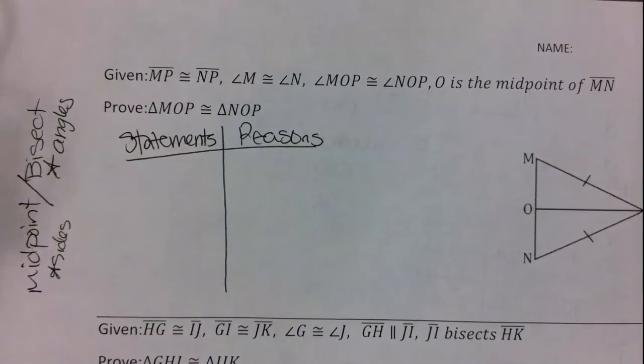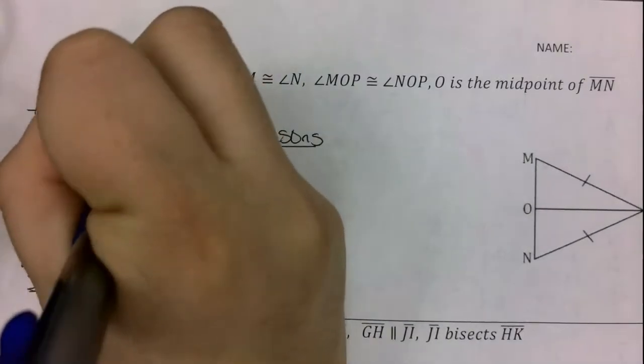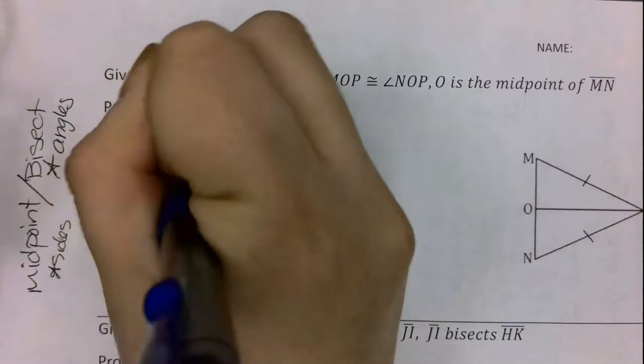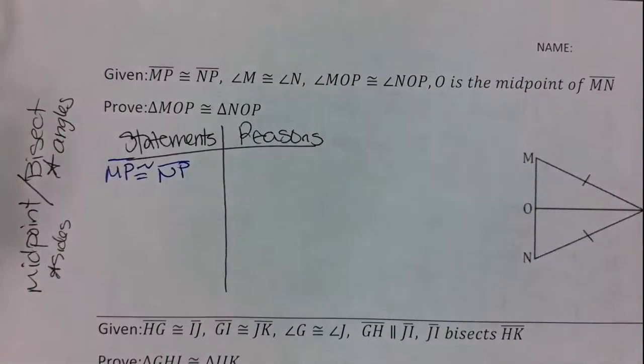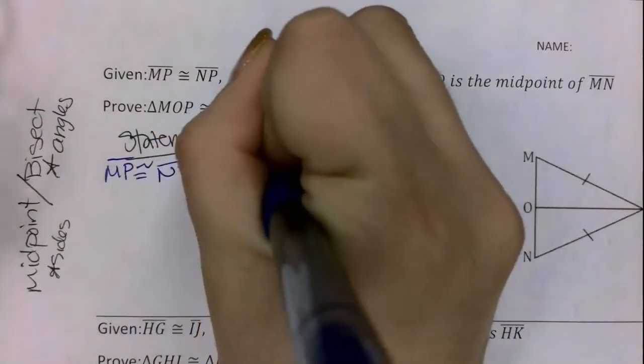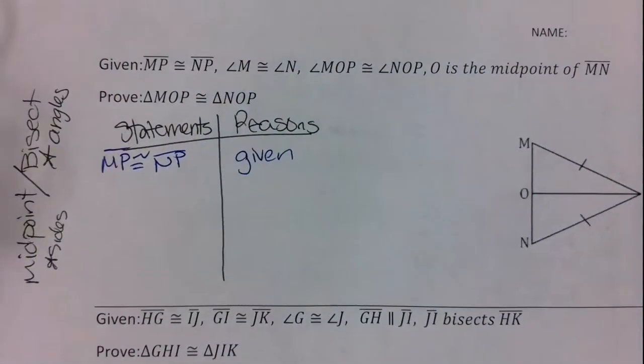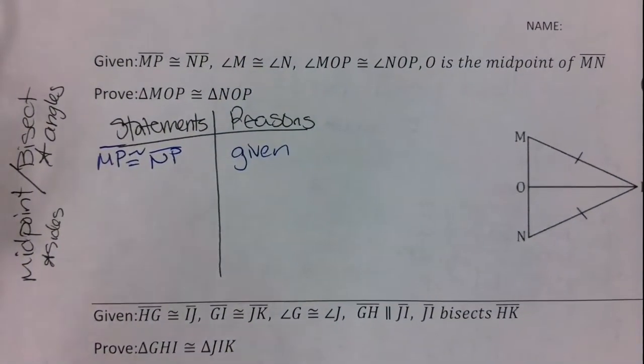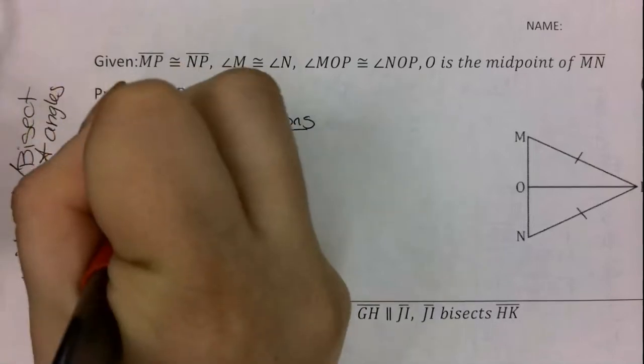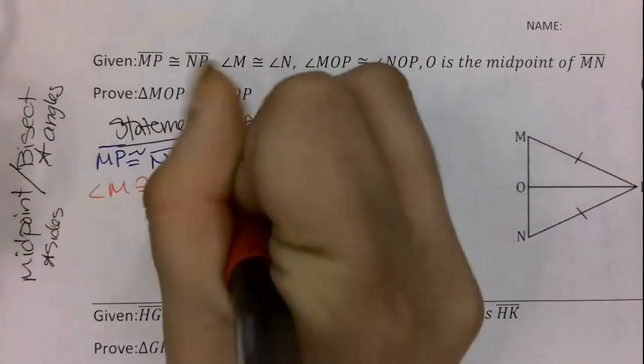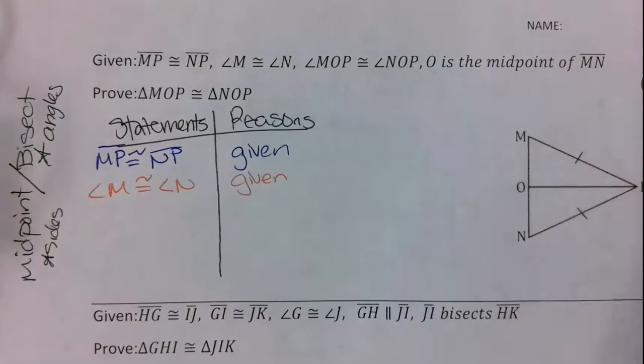Okay, so I'm going to start off writing what they gave me. MP is congruent to NP. Those are labeled. Angle M is congruent to angle N, not marked.